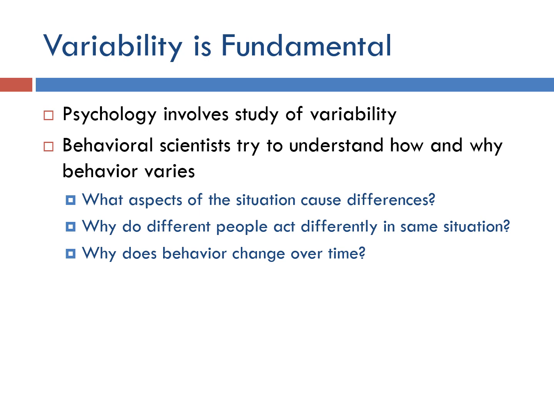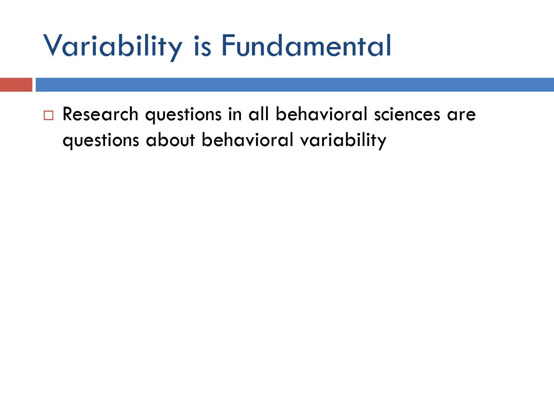And then why might there be change over time in these behaviors, variation within the individual? All of these are different aspects of variability that behavioral scientists really want to understand and is part of our research. All questions that researchers in behavioral science are asking are related to variations in behavioral variability.